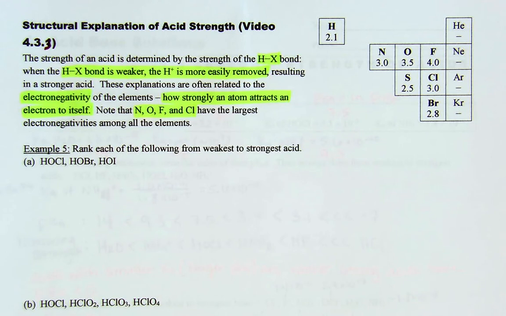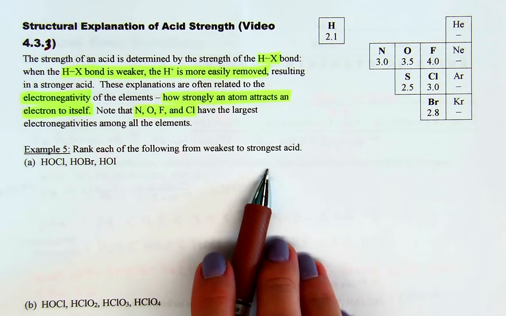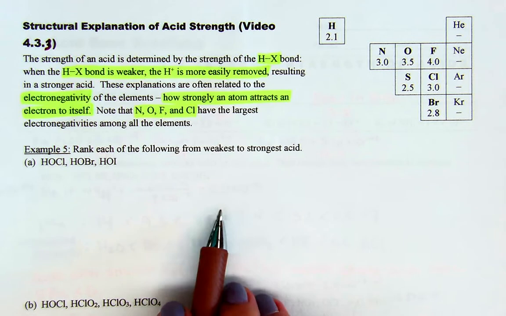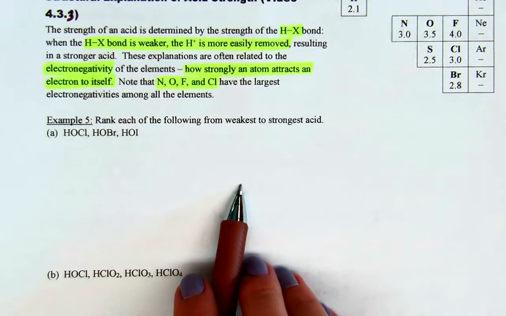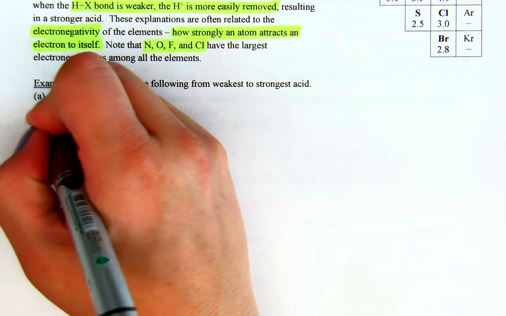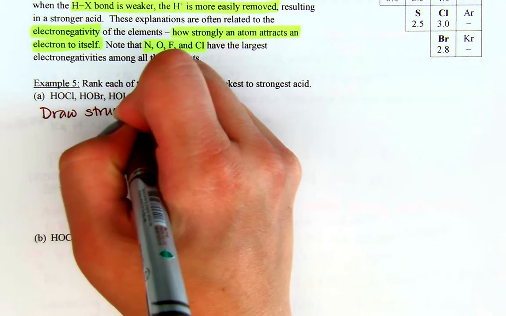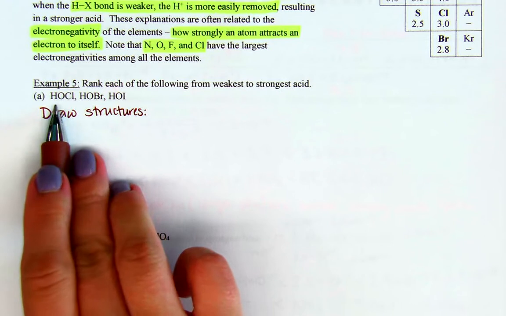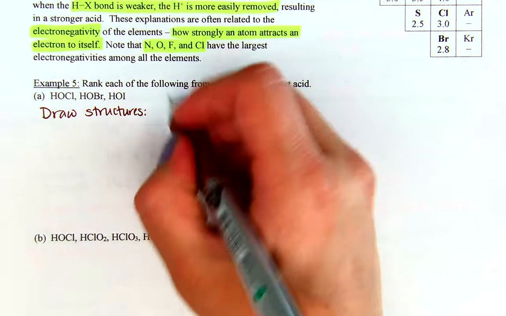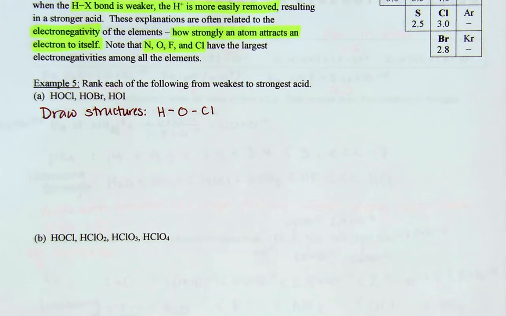Example 5. Rank each of the following from weakest to strongest acids. The first thing we need to do here is draw the Lewis structures, or draw the chemical structures. So first, draw the structures. HOCl, that oxygen is in the middle, so we have a hydrogen there, an oxygen, and a chlorine.